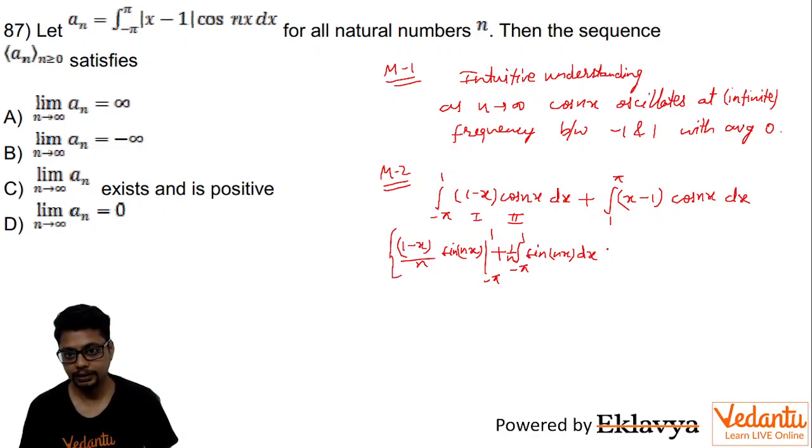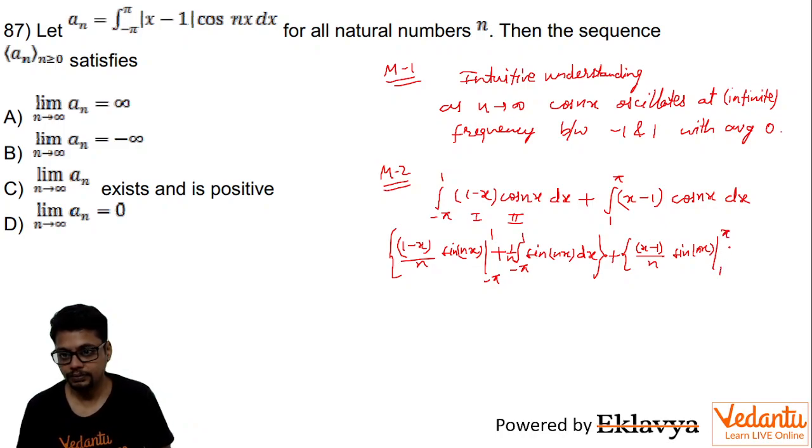Similarly, you would get terms here. You would get (x minus 1) by n sin nx, with limits 1 to pi, minus 1 by n times the integral from 1 to pi of sin nx dx.